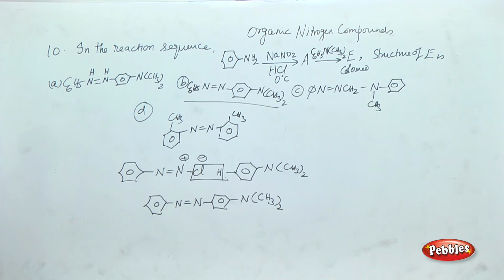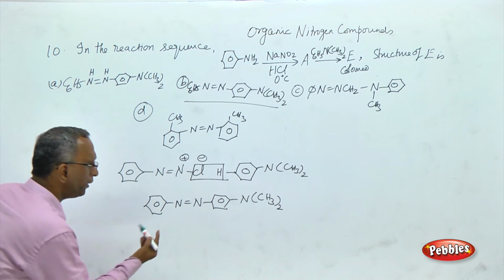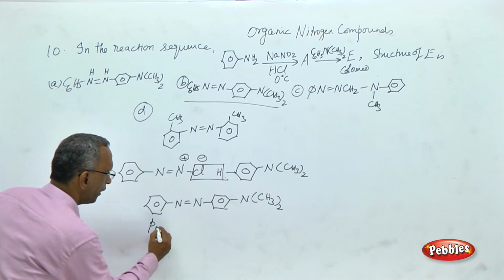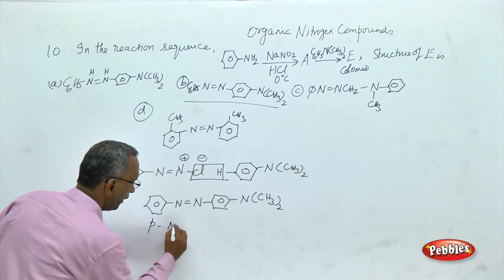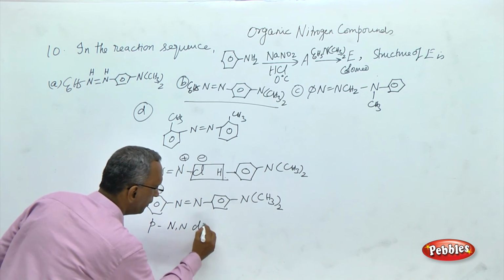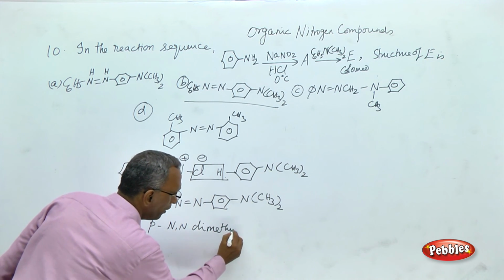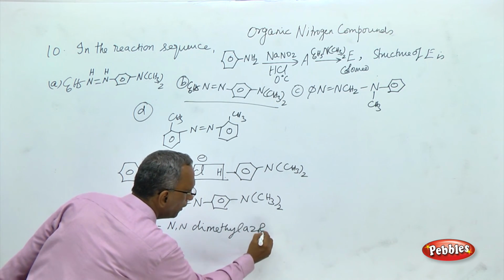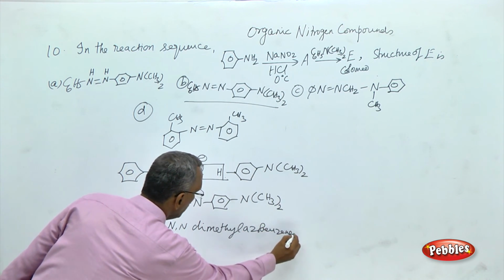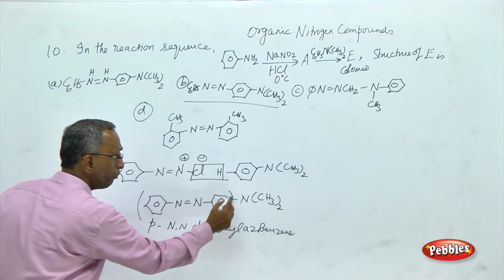A colored dye E is obtained. The colored dye is para-N,N-dimethyl azobenzene. This is the name of the product, because this unit we have seen is azobenzene.